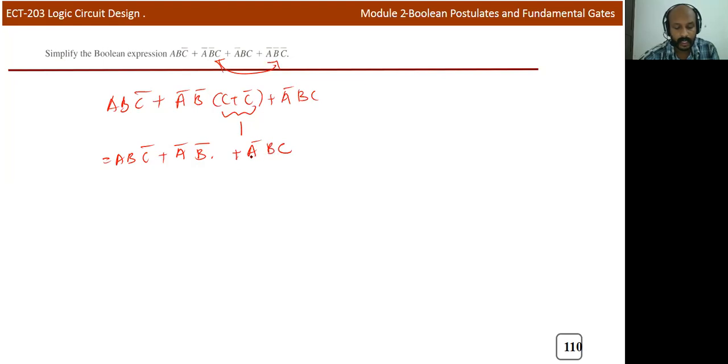Okay, now if we consider these two terms, it becomes, if we take b as a common factor, a c bar plus a bar c, and a bar b bar.